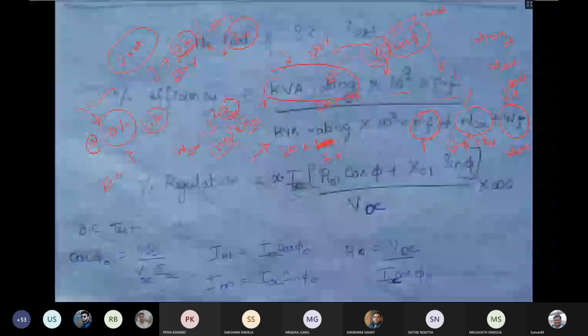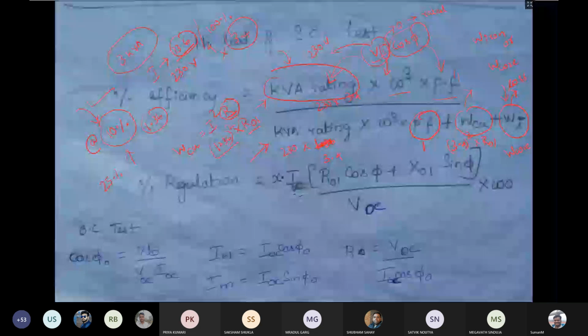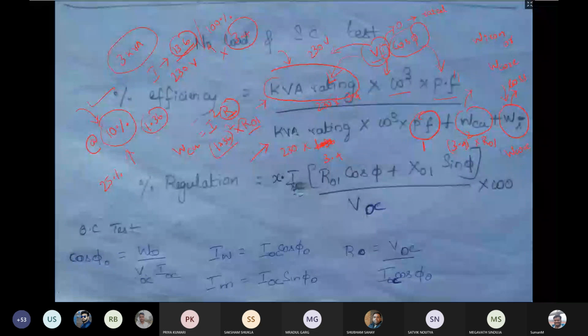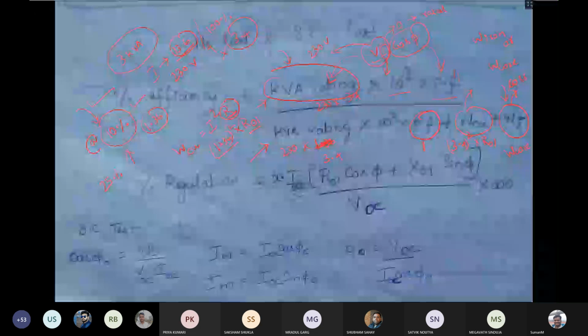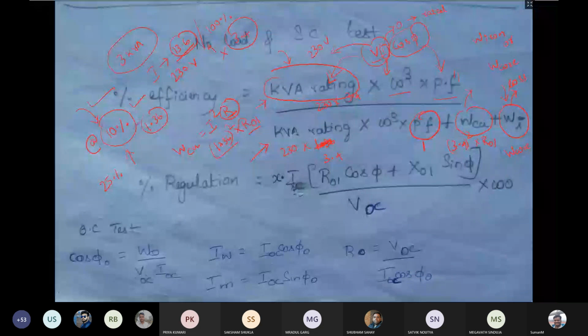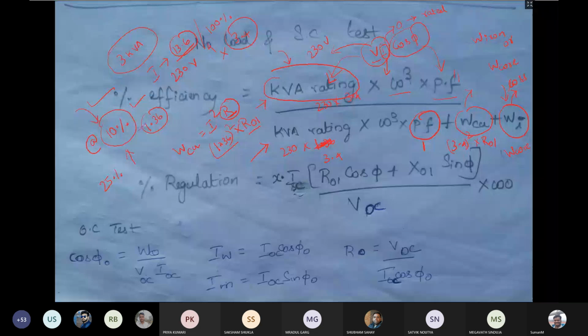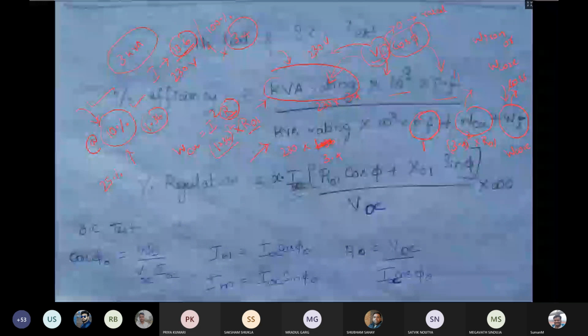Now, we are able to find the efficiency of the transformer at any percentage of the loading. This is going to be advantageous, because to find the efficiency at any percentage of loading, we are not doing the load test directly.